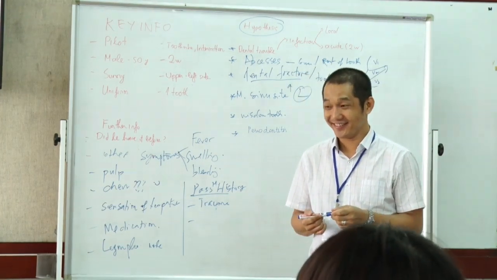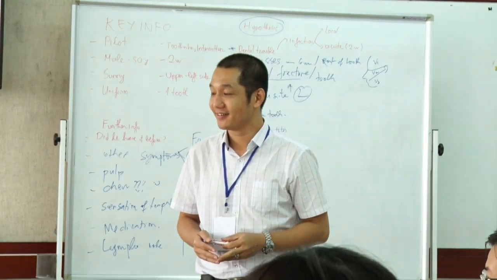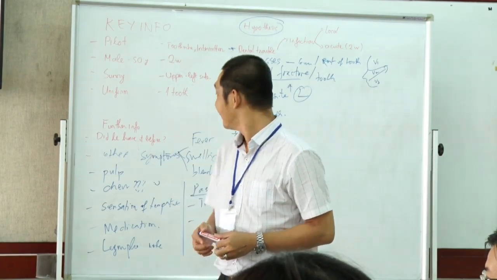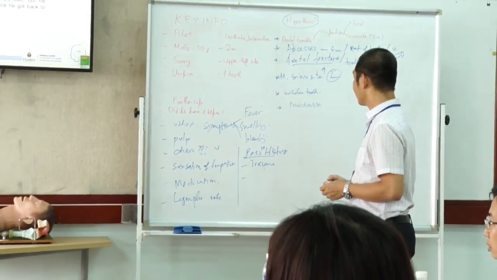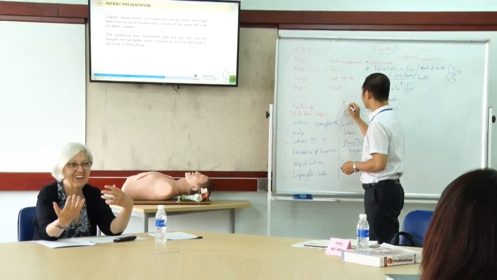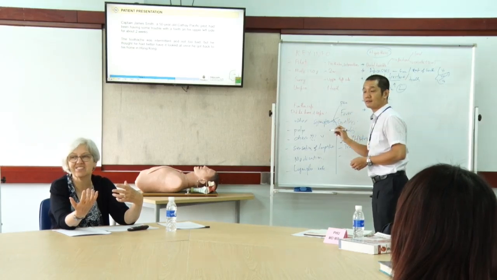So I heard you say two things there. One was, you said the pain is constant. How will you find out from the patient if the pain is constant? What will you do to find out the nature of the pain? What will you ask the patient?